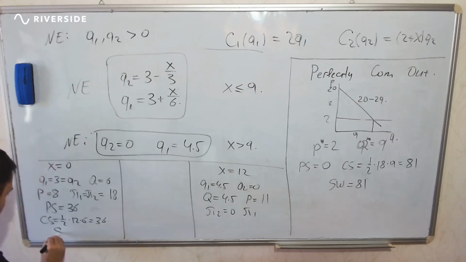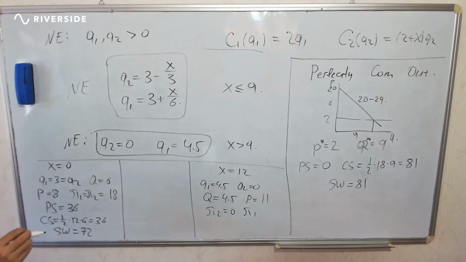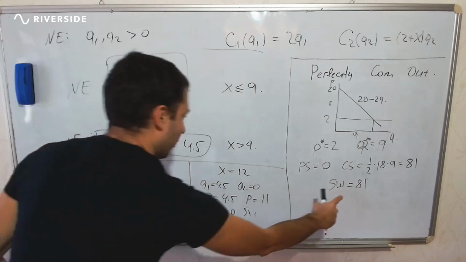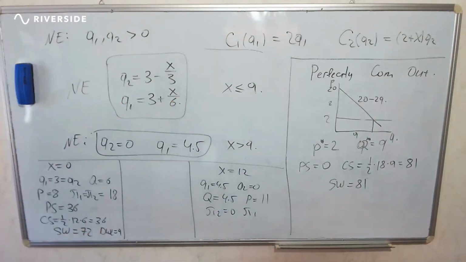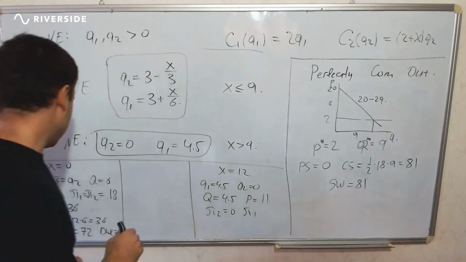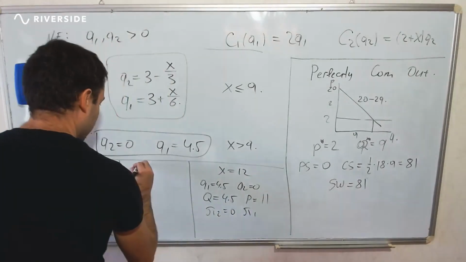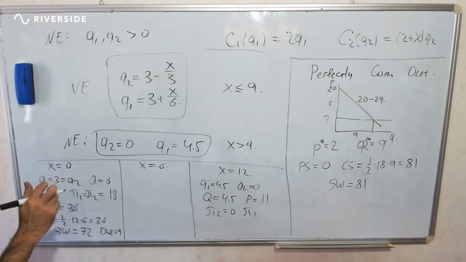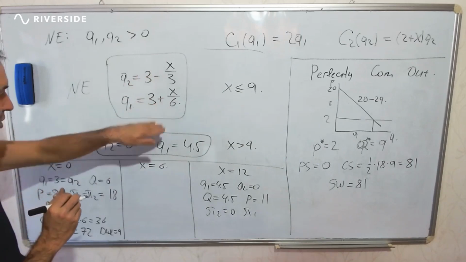Total welfare in this case is 72, and we can see that the welfare loss is 9, because total welfare in perfect competition is 81.